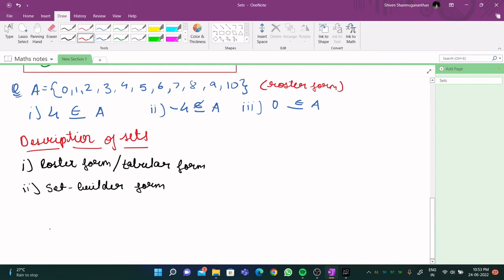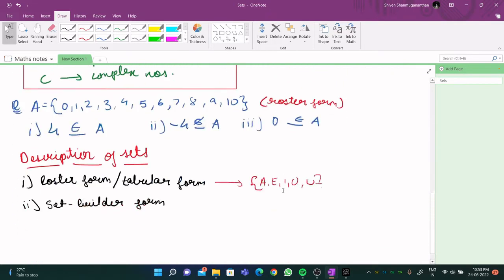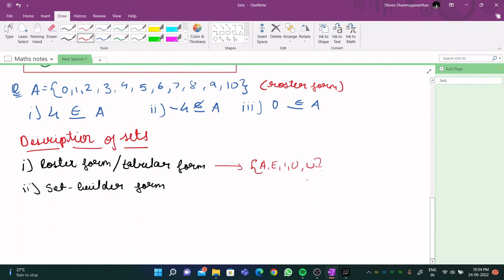So for example, we have a set of all vowels a, e, i, o, u. Now, if you can see, this set is technically not correct because, as we said earlier, we represent the elements with small alphabets, and I've written capital alphabets here, and that should be wrong.